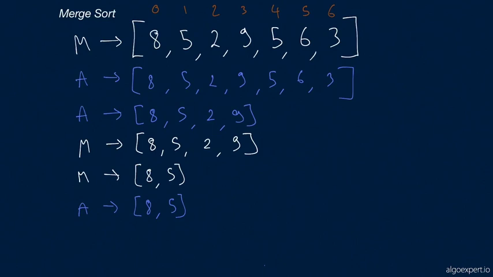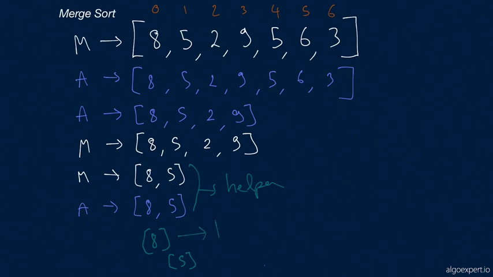So right now we're at this call to the helper method. We divide them into two subarrays of length 1, so we would have 8 and 5. And we call the helper method again on 8 and on 5. We call the helper method twice, once on each of them.